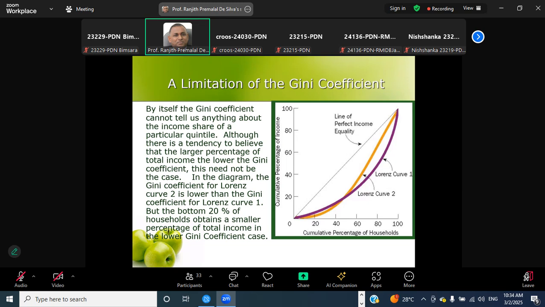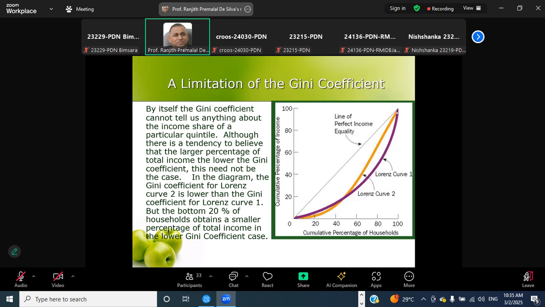So in this diagram, it has drawn the Gini coefficient for Lorentz curve 2 is lower than Gini coefficient for Lorentz curve 1. Okay, so 2 is smaller than 1. But the bottom 20% of the households obtains a smaller percentage of total income in the lower Gini coefficient case.